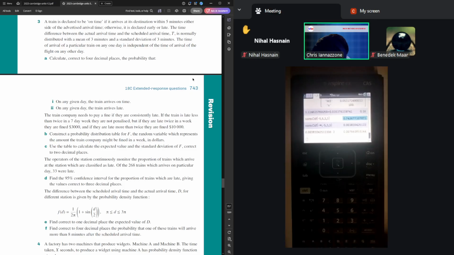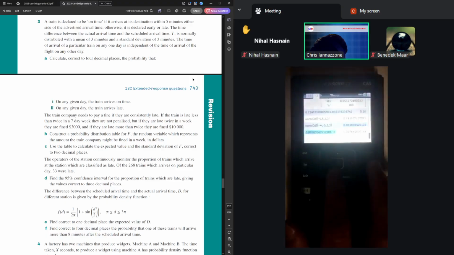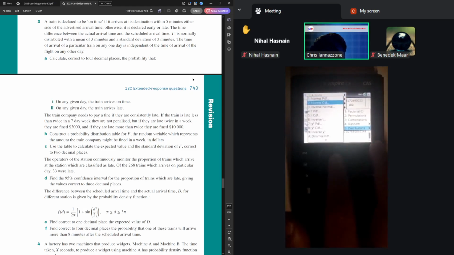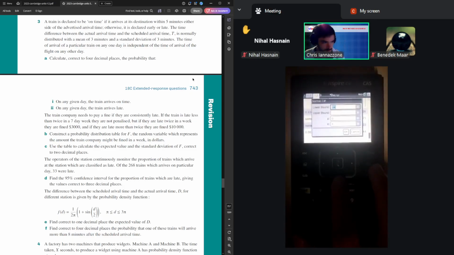That seems very strange. What happened there? Normal CDF. The mean is 3, the standard deviation is 3.